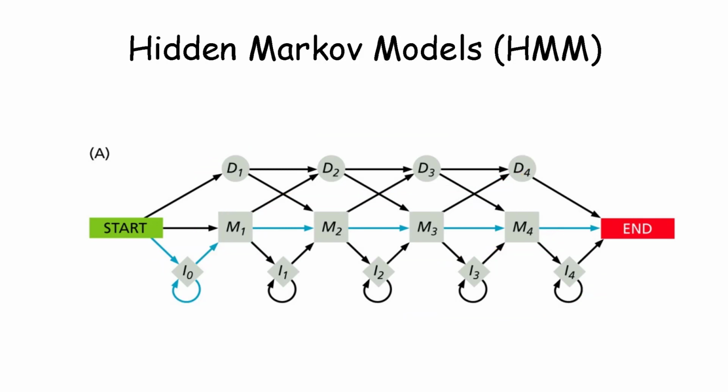Each node of HMM has transition probabilities that tell us the likelihood of following a particular transition out of that node. For example, this M1 node may have transition probabilities 0.1, 0.6, and 0.3. When we are in M1, we will go to M2 with the highest probability, but there is still a chance that we may go to D2 or I1.